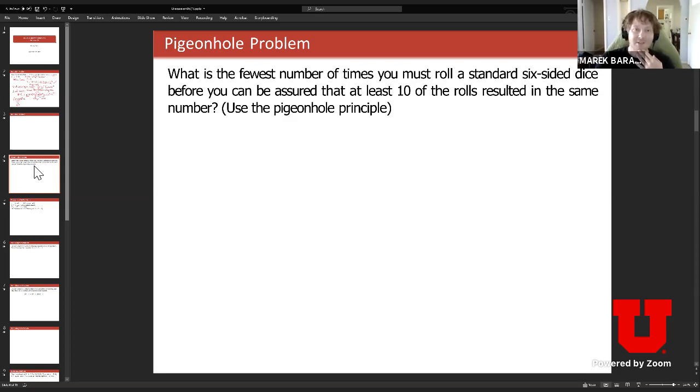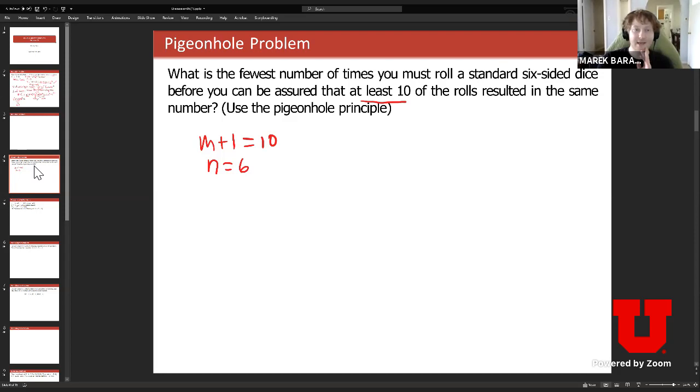Can someone get me started on this problem? So we have a 6-sided die, and we're wondering how many times we need to roll it to get 10. Okay, yeah. So Nathan writes, we have m plus 1 is equal to 10. So we want at least 10 of the things in one box. And we have 6 boxes.